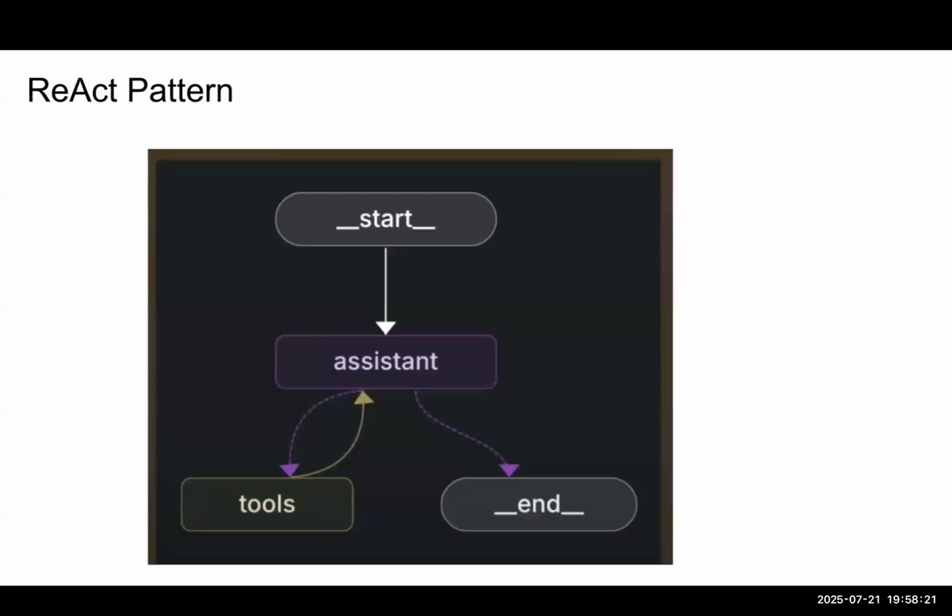Let's see it in a diagram. If you visualize it in a diagram, you have a start. This is where we are going as we slowly get into the LangGraph definition. In LangGraph, you will see why it is so powerful.